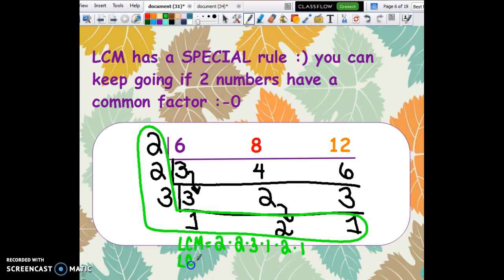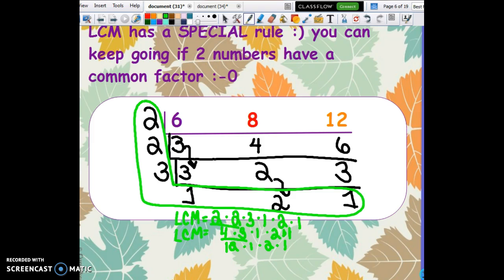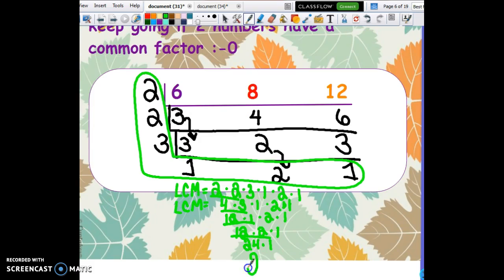And our LCM is going to be 4 times 3 times 1 times 2 times 1. 4 times 3 is 12. 12 times 1, I'm just doing this step by step to show you how I'm calculating this. 12 times 1 is 12. And I keep bringing everything down until I'm left with only one number. And 24 times 1 is 24.